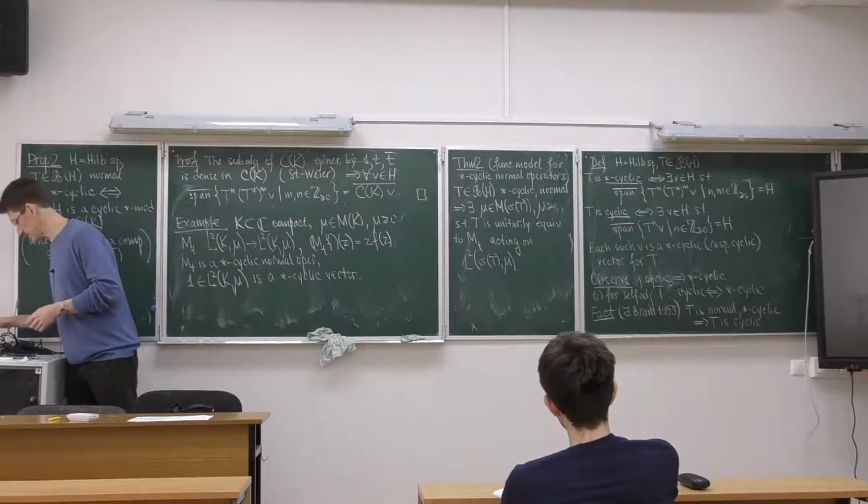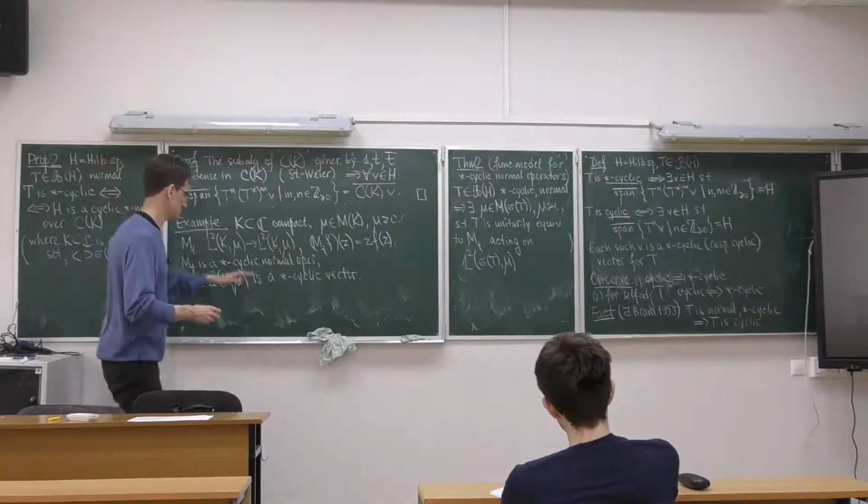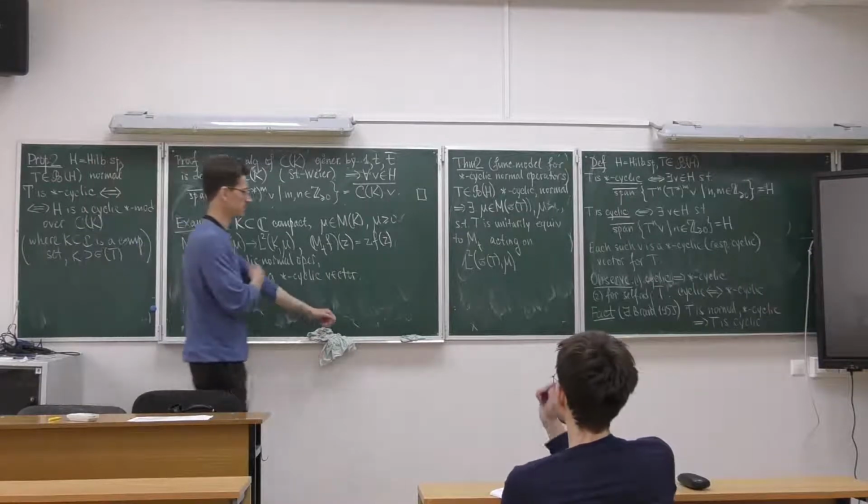So every star cyclic normal operator is unitarily equivalent to the multiplication operator of this simple form.